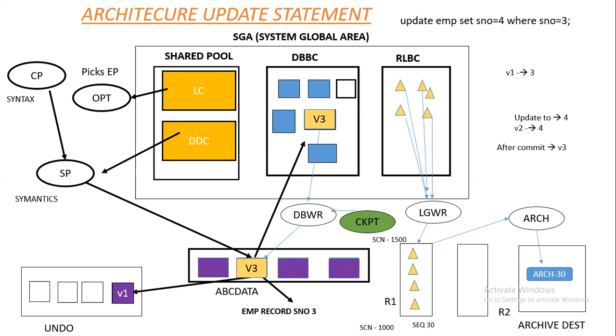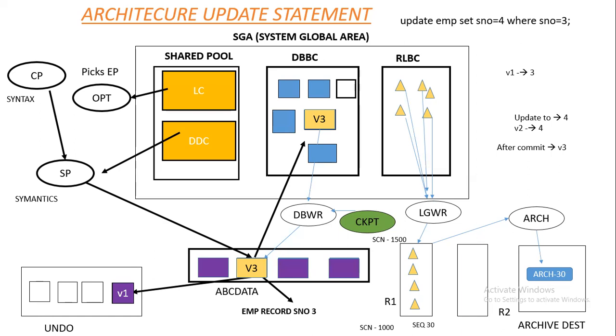Okay, it is reading from here, right? V1 is read from here, here to here. If it is reading from the data file, then can we call it hard parsing? Yes, sir. It is hard parsing because it is reading from the data file.